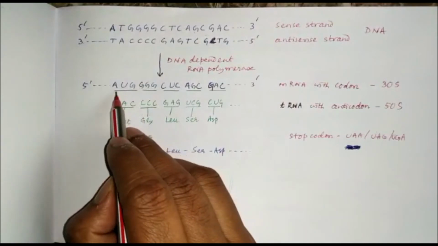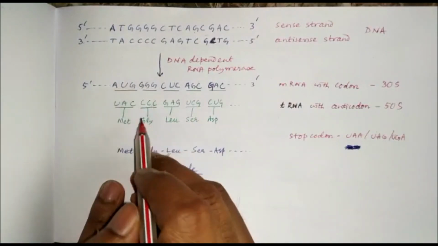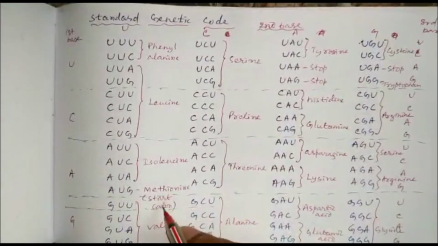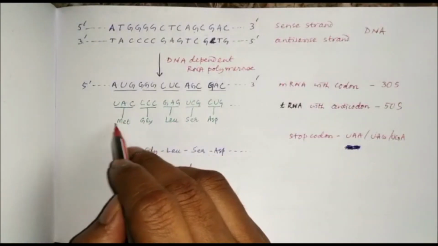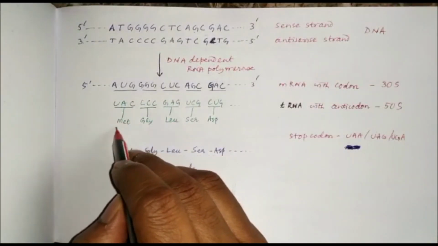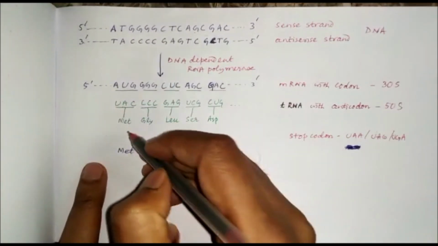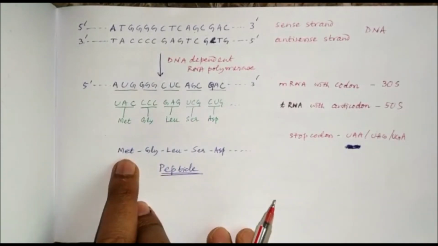Suppose this is the first codon, AUG, and AUG codes for methionine, which is the start codon. So the transfer RNA at one end will have methionine as the amino acid, and at the other end the anticodon UAC, so it will recognize it. So the first amino acid provided will be methionine.